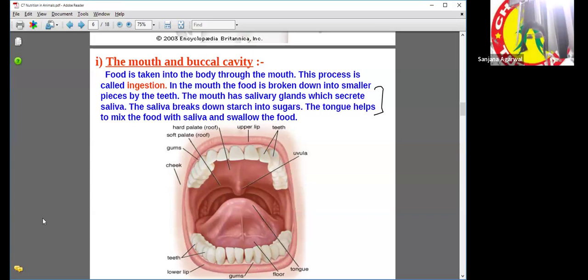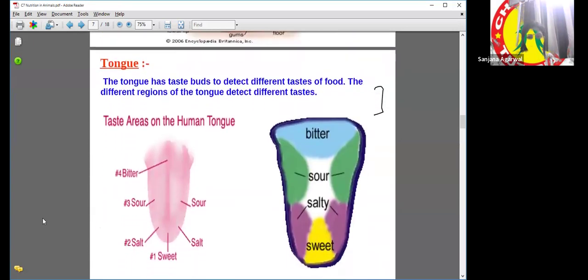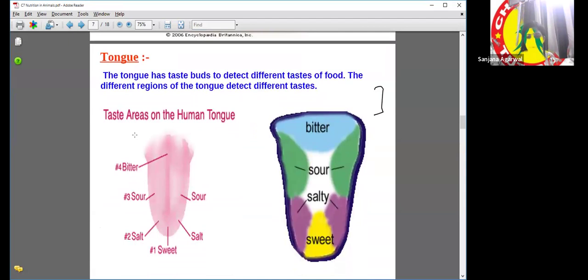Moving next. In detail about the tongue.